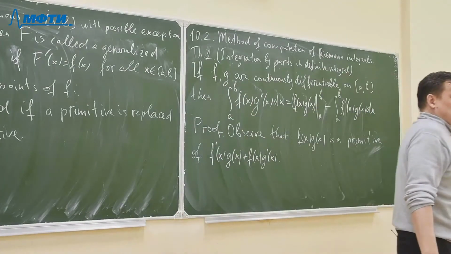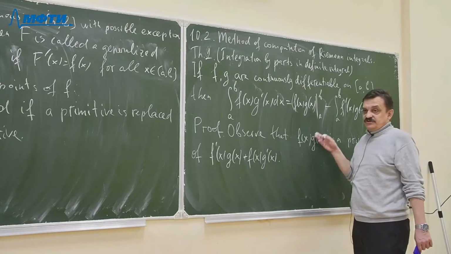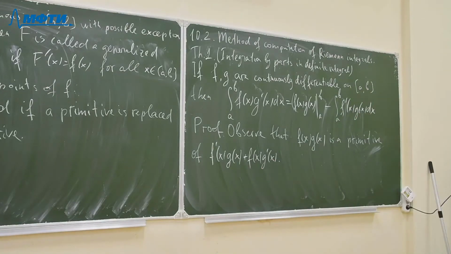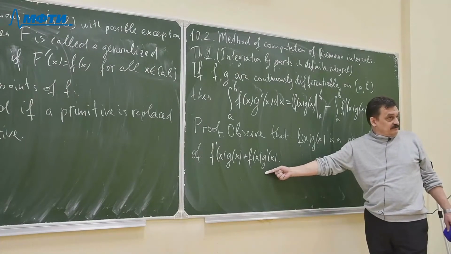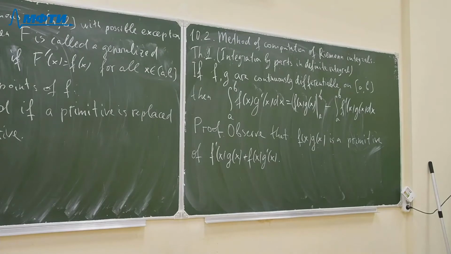Why? Because what is a primitive? A primitive is a function such that its derivative equals the function under question, right? So the derivative of a product is precisely this one, right? So it means there is indeed a derivative, right?